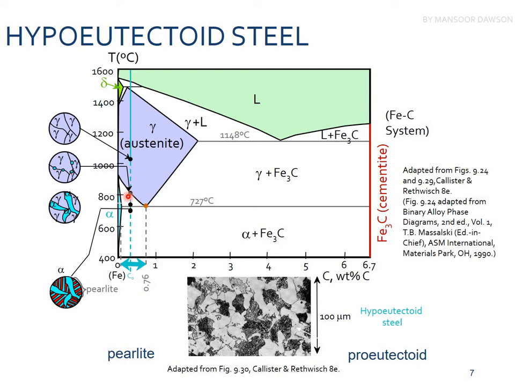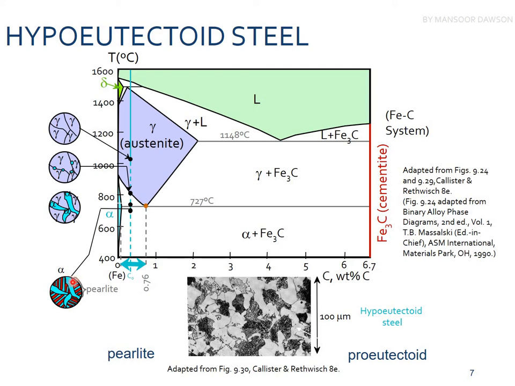This is all the solid austenite phase, and while cooling it down to this line, this is the alpha plus austenite region. You can see these small sea green dots, which are the pro-eutectoid ferrite, that is the alpha region, the pro-eutectoid or primary alpha phase. On further cooling, this pro-eutectoid ferrite grows, and there is pearlite, which is alternating layers of cementite and ferrite.